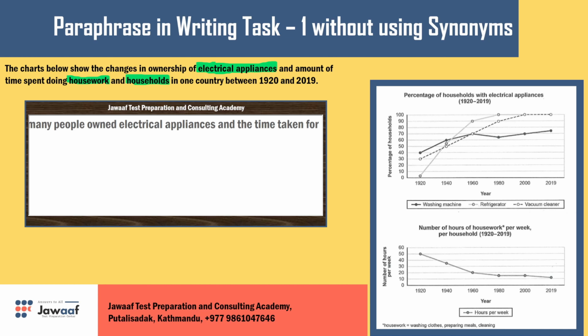Time taken for household. Now let me add one word by myself, that's chores, in a particular country. Yes, it says in one country, so you can say in a particular country or in a specific country. Let's use the word particular country.